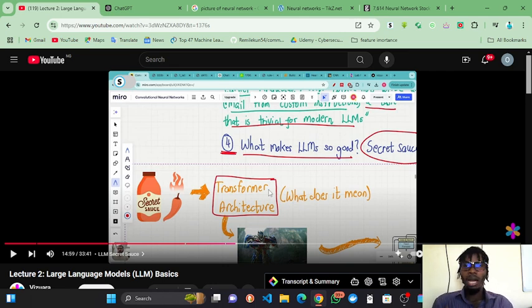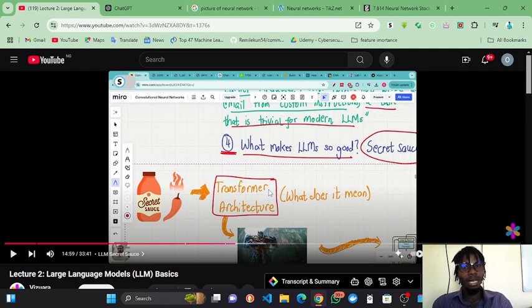Once you understand, you will create your own transformer architecture to make it understand and behave in that particular manner.